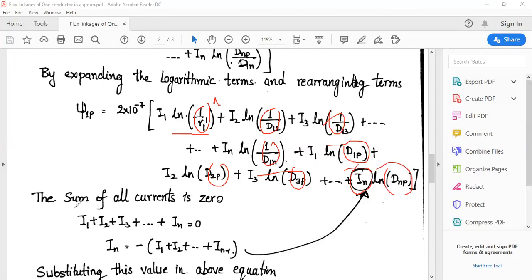As I told you at the start of the derivation itself, the sum of the currents is 0. I1 plus I2 plus I3 up to IN would be equal to 0. So if I want to write IN, that would be the negative of the sum of the currents up to the last current: minus of I1 plus I2 plus up to IN minus 1.